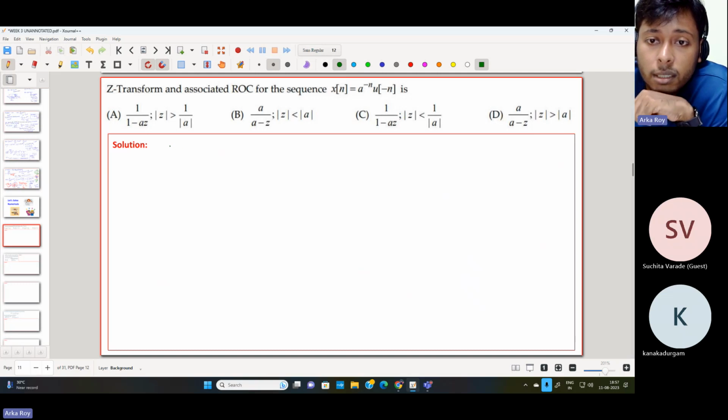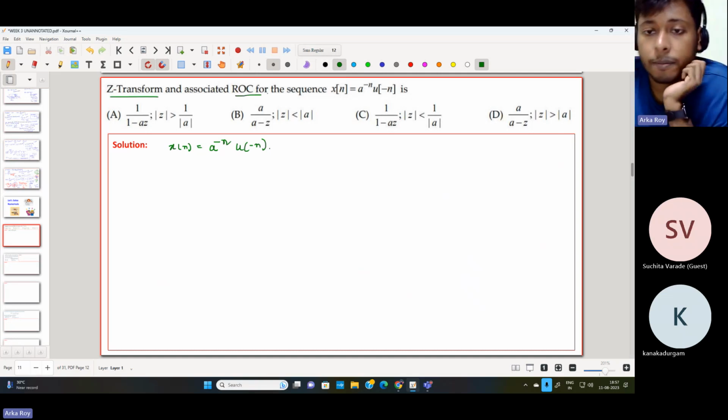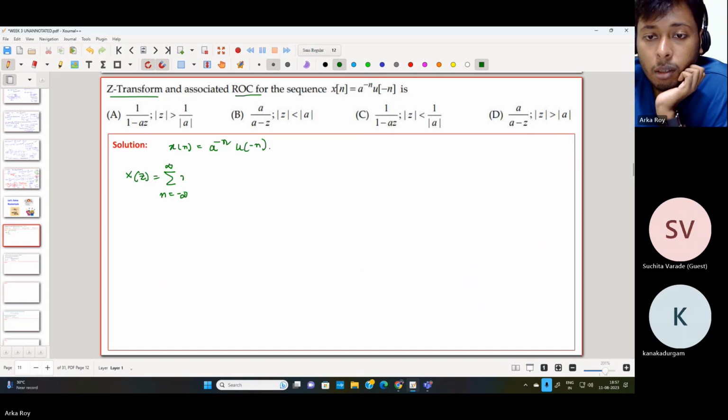The question states that we have a particular sequence x[n] as a to the power minus n u[minus n]. Now we need to find the Z transform and associated ROC. So how can we proceed? I can write X(z) as summation n equals minus infinity to infinity x[n] z to the power minus n.